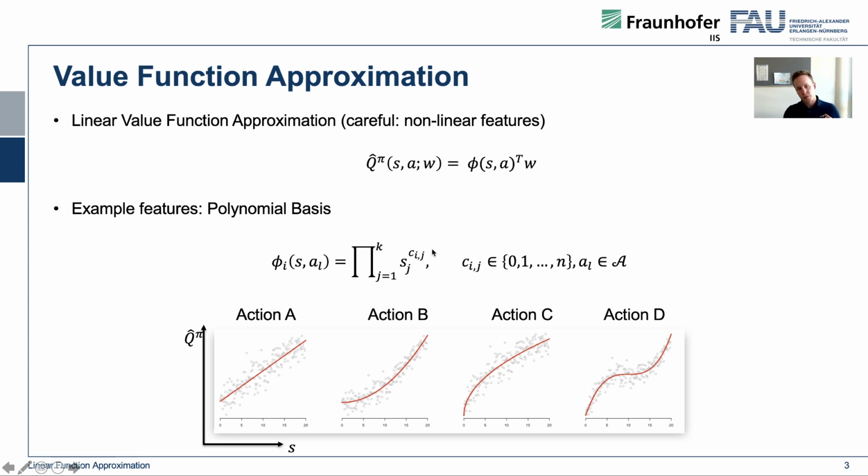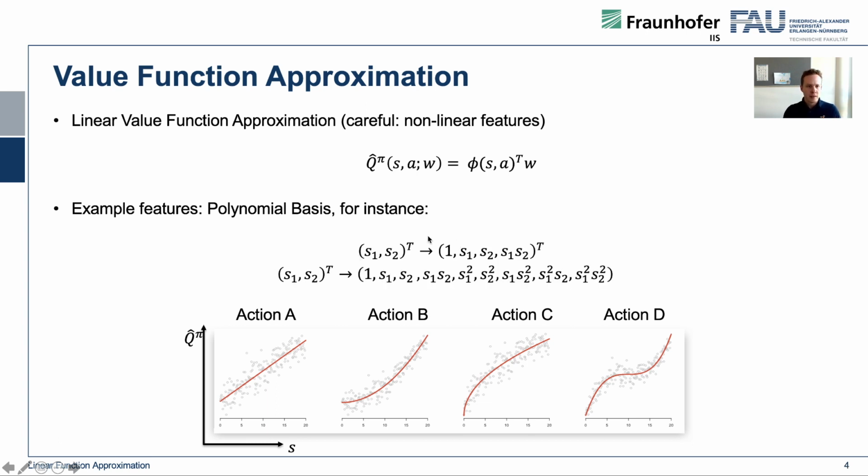An example is given here. In this case, k is 2, so our input state is two-dimensional, and we want to derive an n-order polynomial basis on the input state.